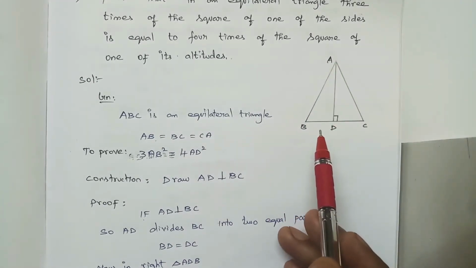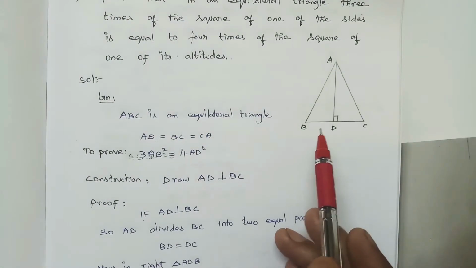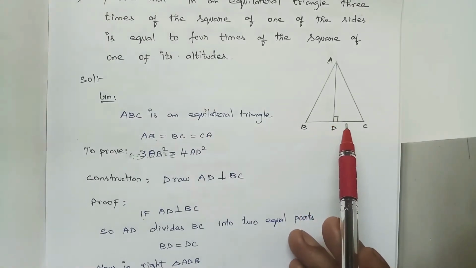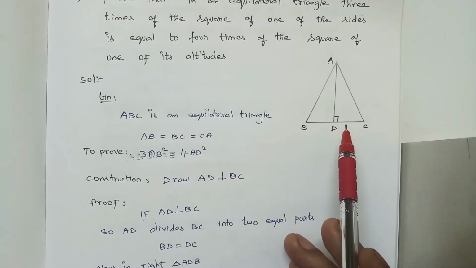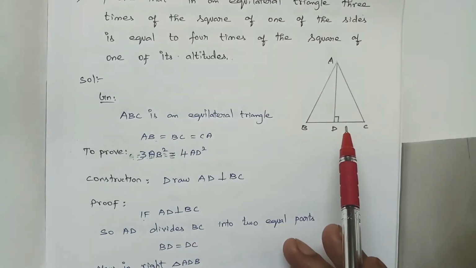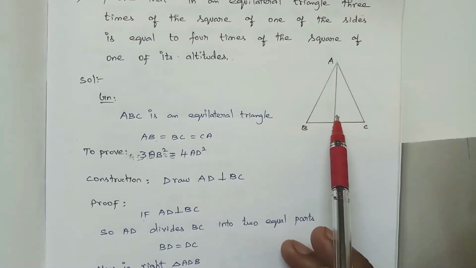But in an equilateral triangle alone, if you draw an altitude, the altitude will act as a median. If you draw the median, the median will be the altitude. That means in an equilateral triangle, median and altitude are the same.